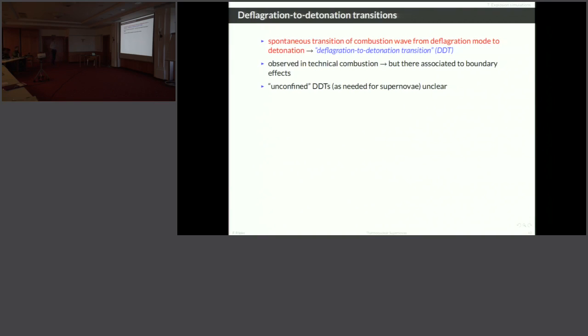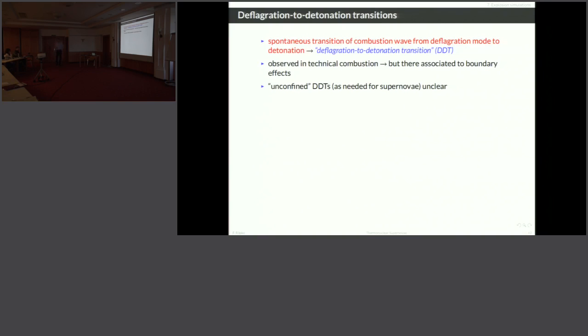Now the fundamental question for the delayed detonation scenario is how you actually trigger the detonation after a deflagration burning phase. And one possibility is by so-called deflagration to detonation transition. What one means by this is a spontaneous transition of the combustion wave from a deflagration mode into a detonation. This is actually an effect that is observed for technical combustion, but in these cases it's always associated to boundary effects.